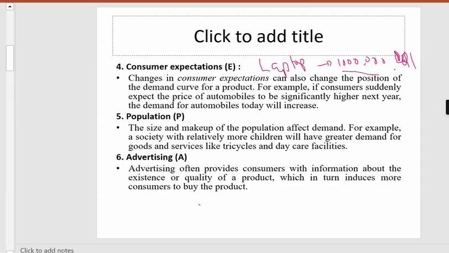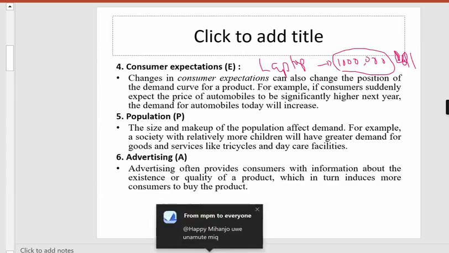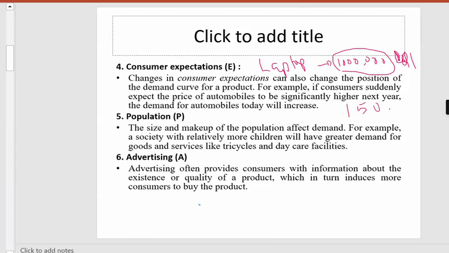You want to buy it this month. If you hear that next month or 2 months is to come, the price of laptop will increase. Itaongezeka labda mpaka ifike milioni 1.5. My question is, will you wait until the price increases for laptop? No, right?